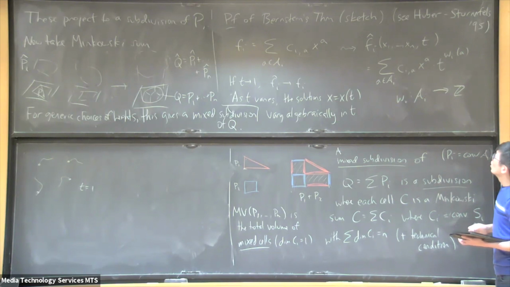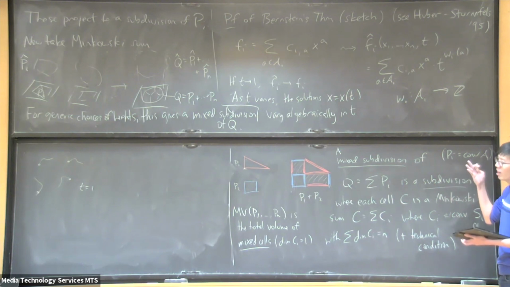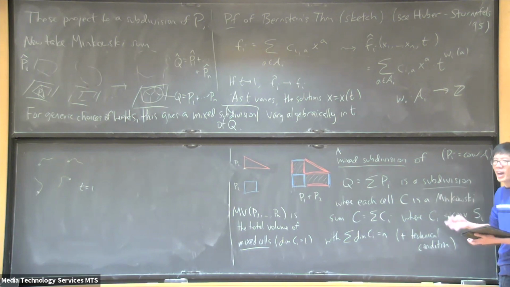So in other words, it only matters if we can find, for a generic point, the number of solutions, and then we'll be able to conclude that that number actually bounds the number of solutions, even at t equals 1.